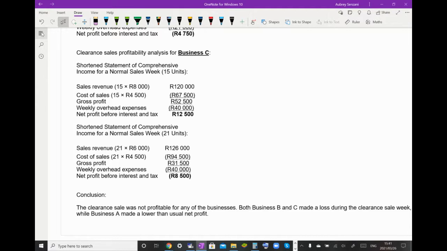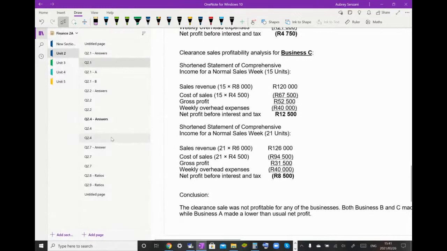So there could be logic behind still selling at a smaller margin. These guys should probably, if they still want to give a special or a markdown, go for 10% or something less than what they actually put forward. So that was question 2.1.